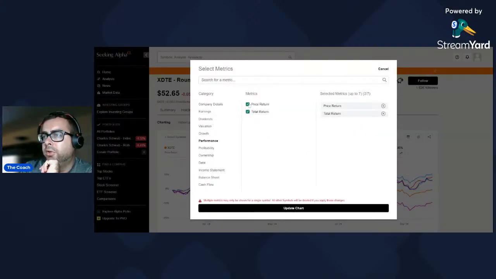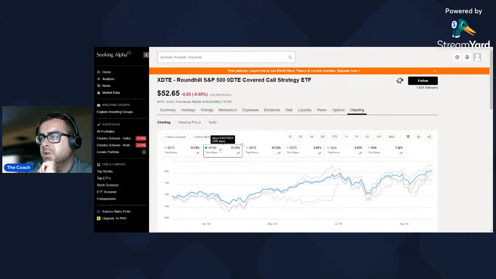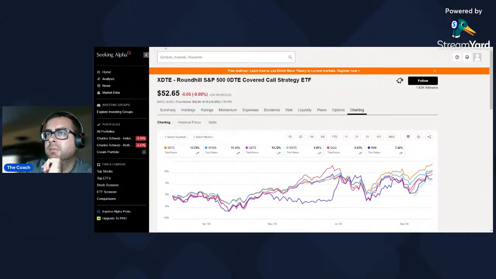Let's track total return. So for total return, for XDTE and QDTE, we're tracking very close to the indexes, as you see here. XDTE is the S&P 500, QDTE is the NASDAQ 100, of course RDTE is the Russell.